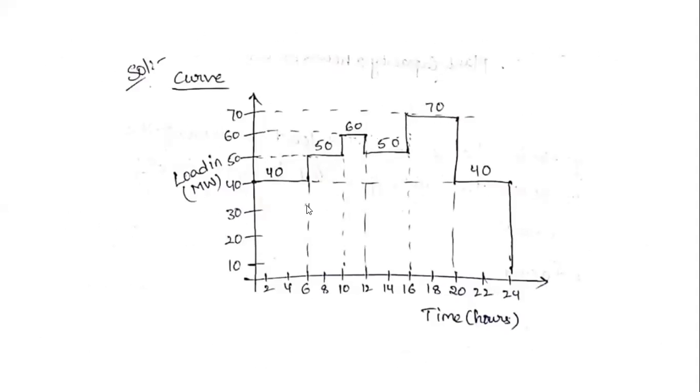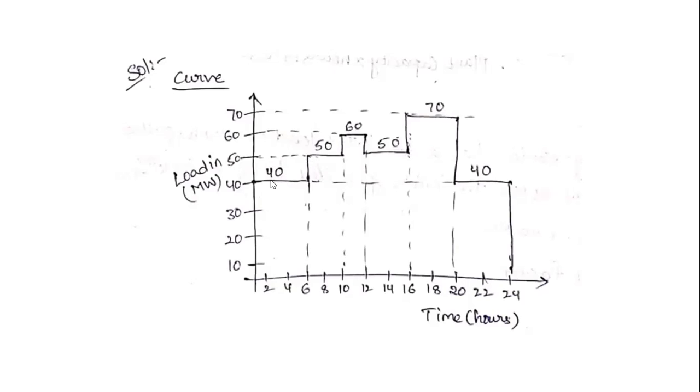Next, what is the units generated? It is the area under the load curve, the number of units generated, but it is given in megawatts. Therefore, it will be converted into kilowatts, because the load is always expressed in kilowatts.